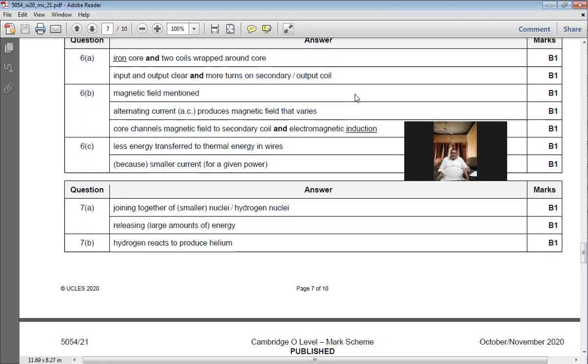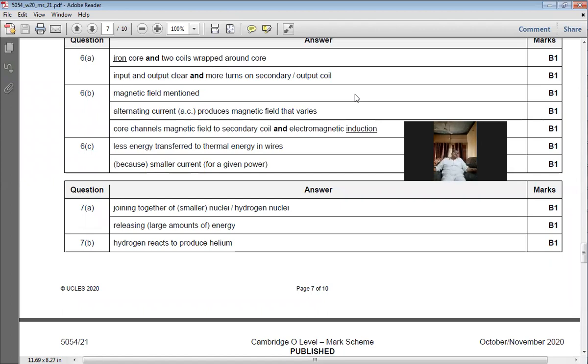When there is a changing magnetic field passing through a coil and EMF is induced in that coil, this process is called electromagnetic induction. So due to electromagnetic induction, the EMF is induced in the secondary coil.